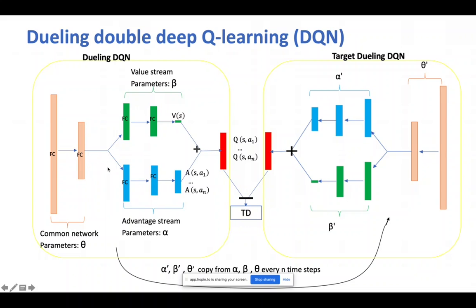The other channel is to train the advantage stream. And then you can optimize these parameters so that it makes the agent stronger to find optimal solutions. In parallel, we have another targeted dueling deep Q network. This is almost like a mirror of this, except the parameters here are updated slowly.